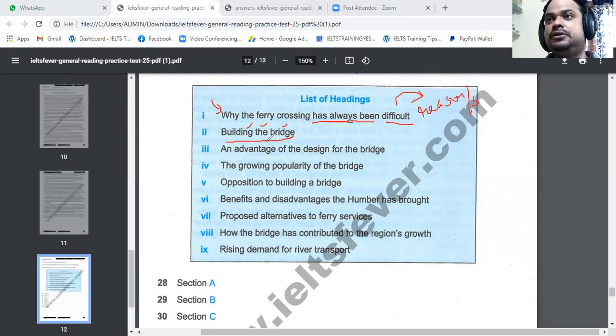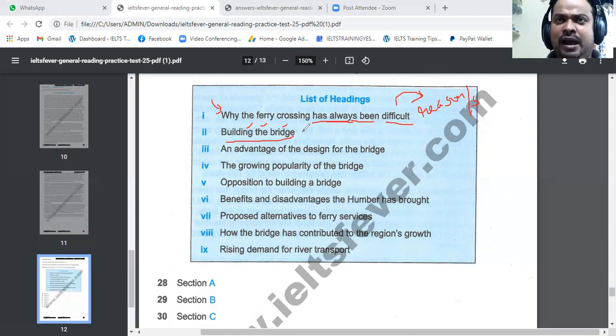But building the bridge is something different. You can interpret building the bridge in any way. So I just keep that in mind: the construction of the bridge, the initiation of building the bridge, or something like that. Just keep it in mind.